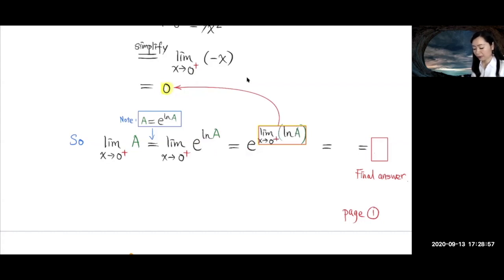We just found that the limit of Ln of a is 0, so we get e to the 0 power, which is 1. This is the final answer. Now we are done. Now let's take a break.